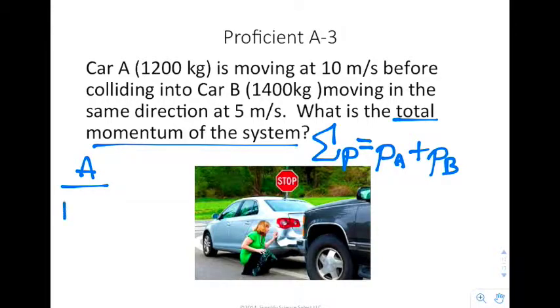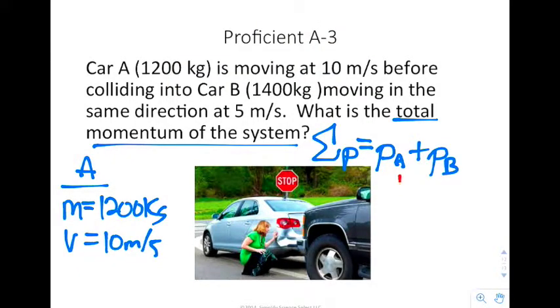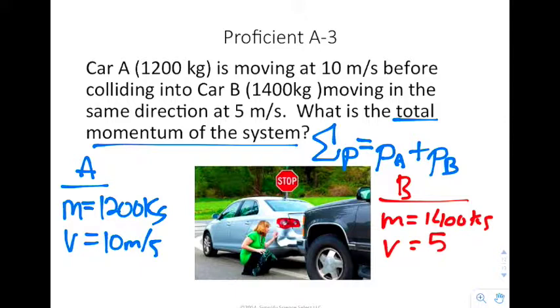The mass is 1,200 kilograms, and the velocity is 10 meters per second. And then we're going to change colors and say car B. Car B has a mass of 1,400 kilograms, and velocity is 5 meters per second, and it's in the same direction. The equation for both of them is P equals mv.